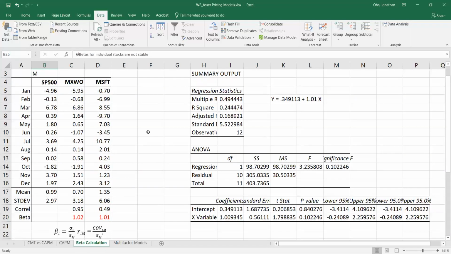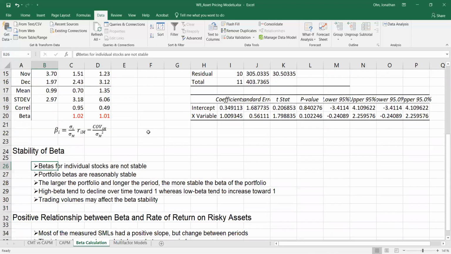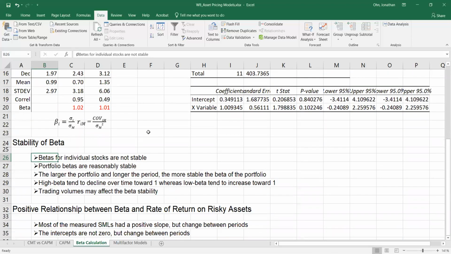Sometimes they might use the Dow Jones Industrial Average, or the New York Stock Exchange composite index. Different people may use different proxies for the market portfolio, then the beta will be different.